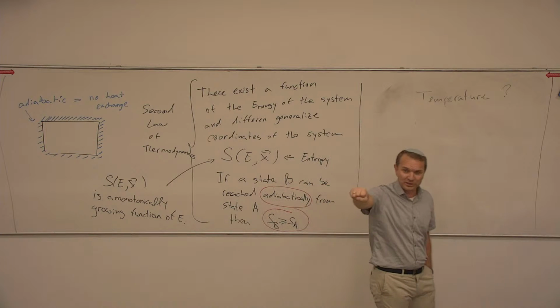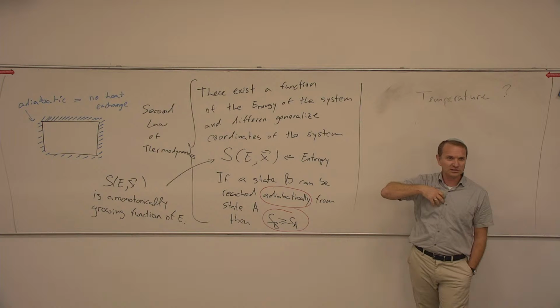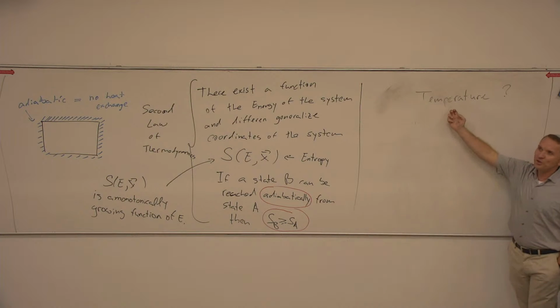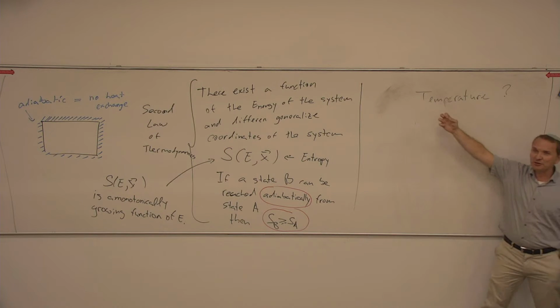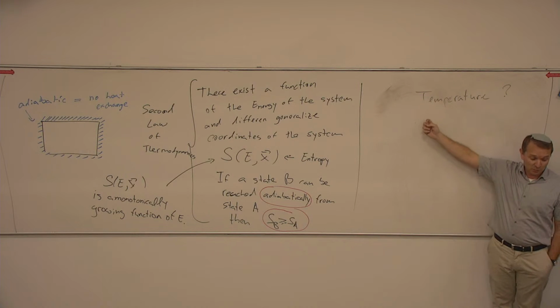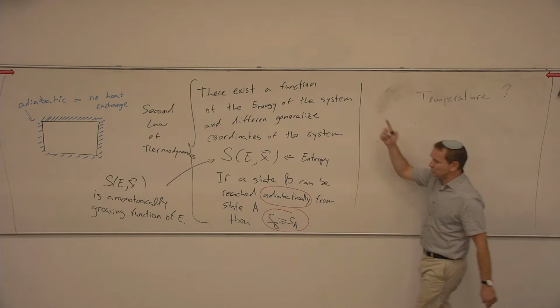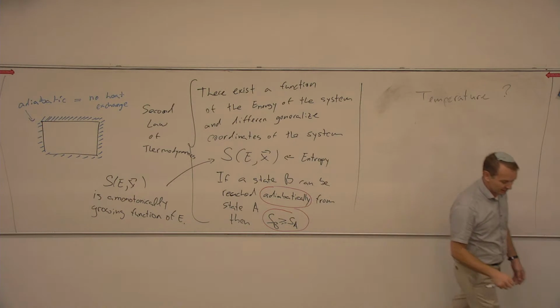I can have a thermometer, and the thermometer will show that my temperature is 36.6 degrees Celsius. So we are familiar with temperature. It hasn't appeared yet in the lectures, so I want to define what temperature is and where it's coming from. We're going to use some ideas about entropy and so on.